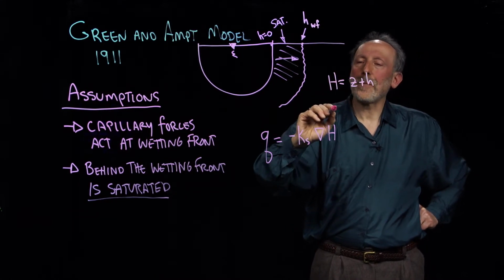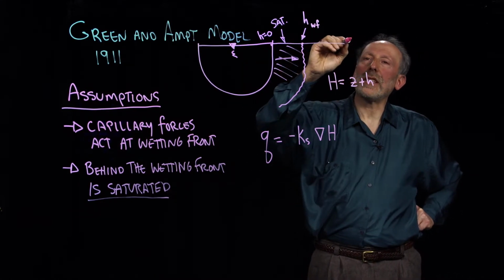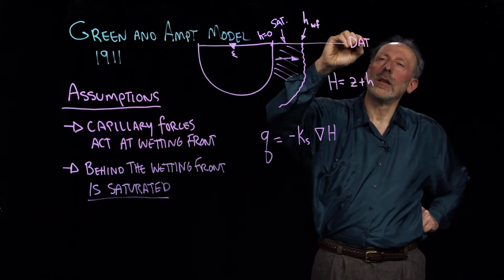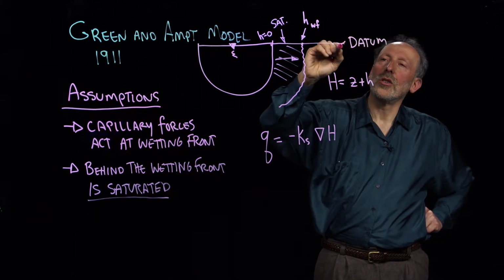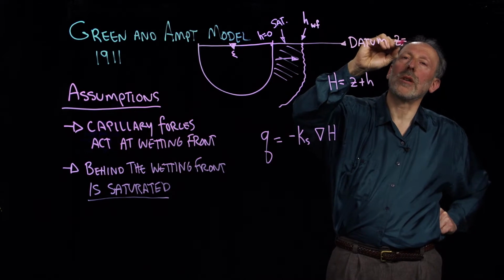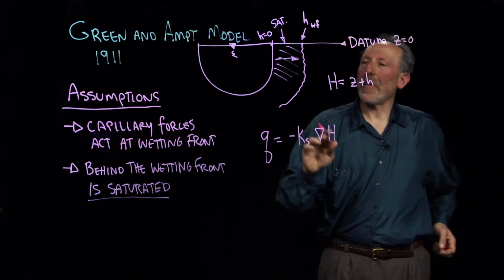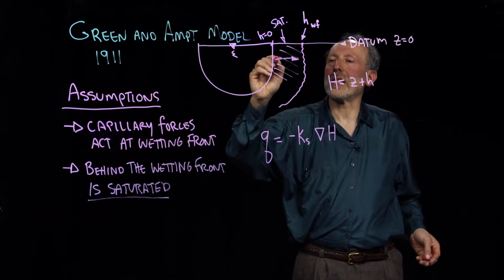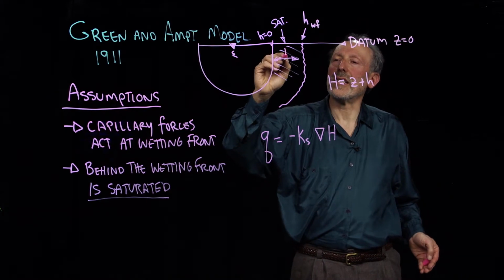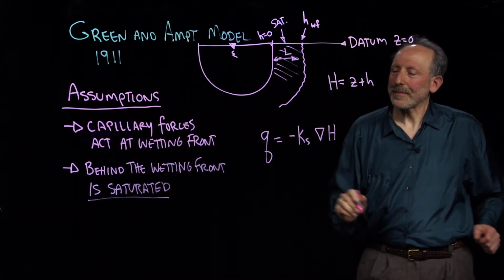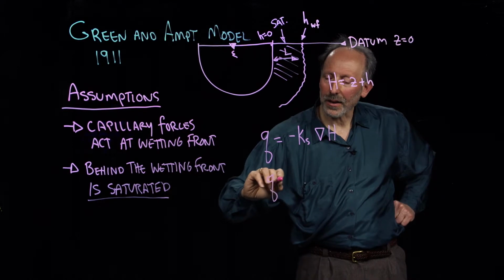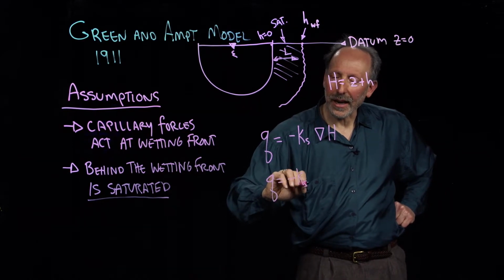And here, we can just set our datum here so that Z equals 0. So what this says then, if this has moved a distance, let's say so far it's gone a distance L, okay? It says that our flux is going to equal minus Ks.